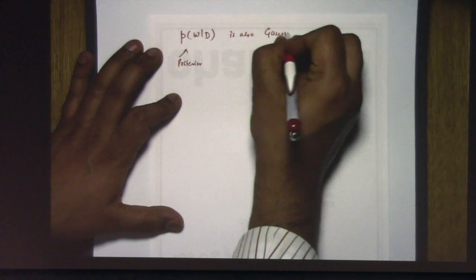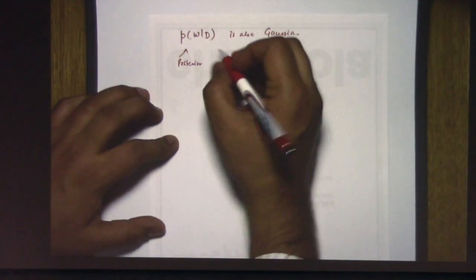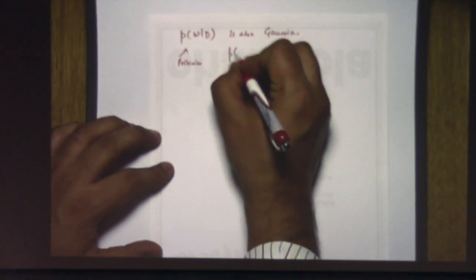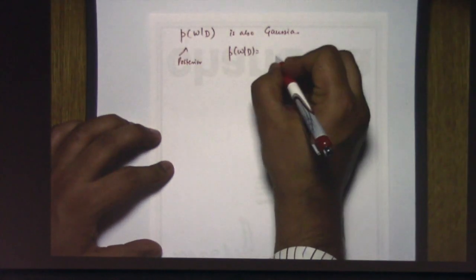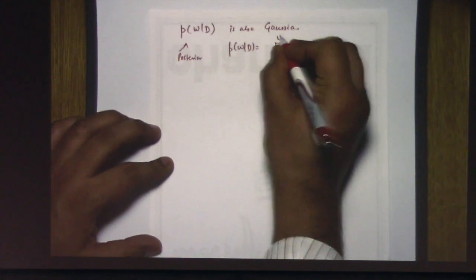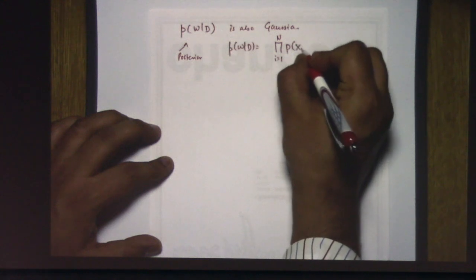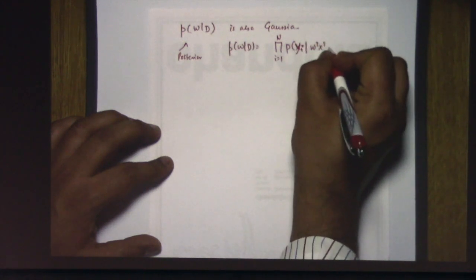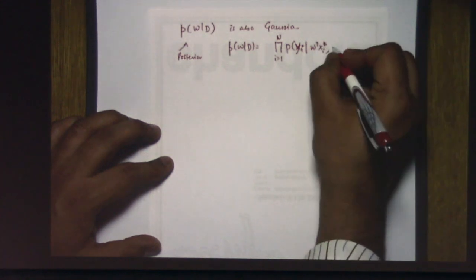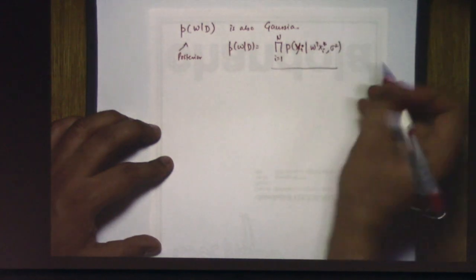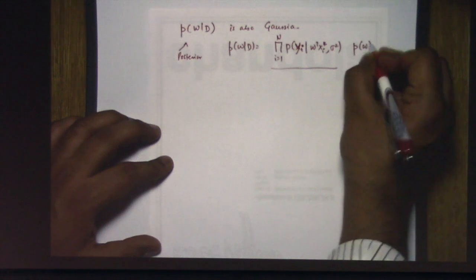Which means that it will have some mean and some covariance, which you can actually compute, because P of W given D is nothing but the product for i equal to 1 through n of P of each data point yi given W transpose xi comma sigma square. So this is the whole likelihood times P of W, right?